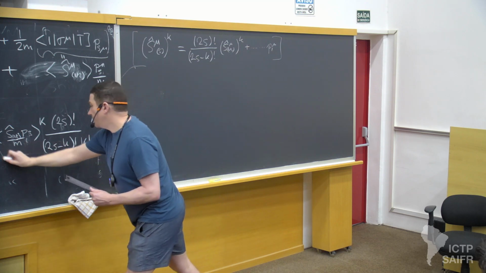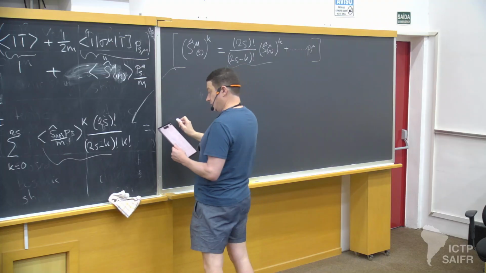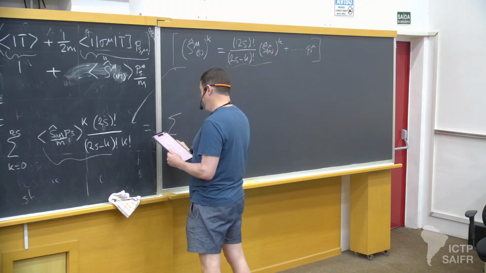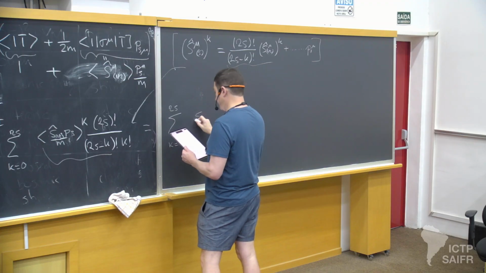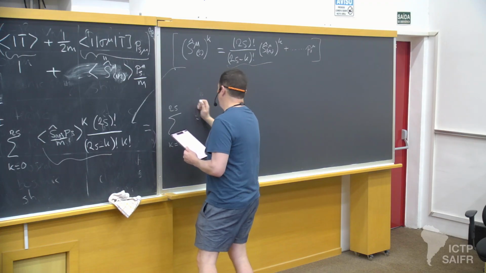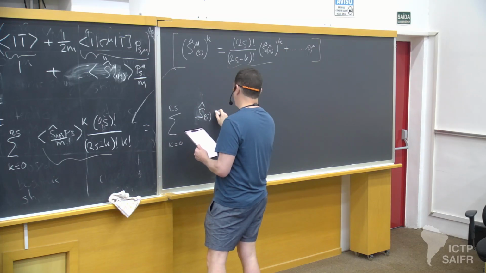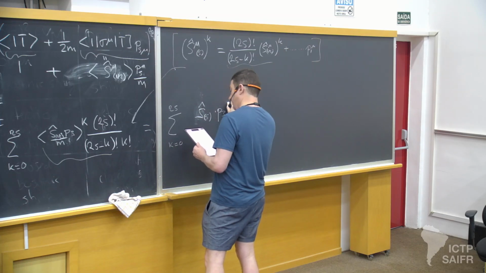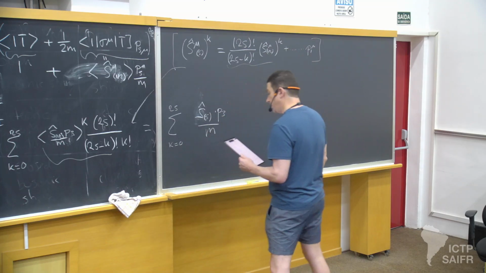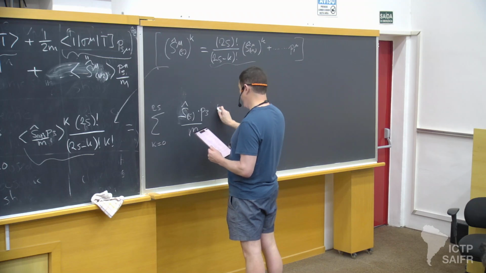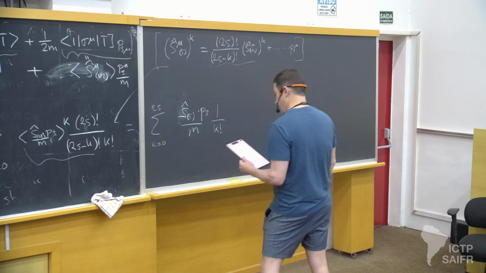So essentially, what I have written here is this thing: the sum over k from 0 to 2s of the S operator in the S representation now dot P3 over m, to the k, times 1 over k factorial. So the k factorial remains.